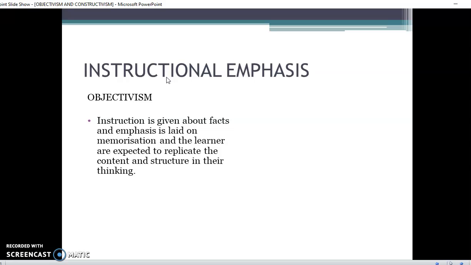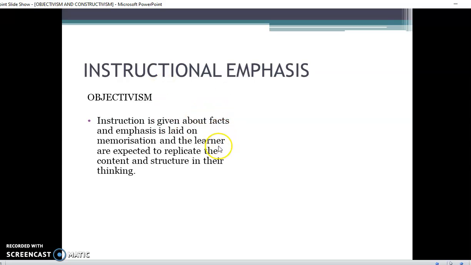So the teacher is only imparting facts, and emphasizes how well they have to memorize the food web, or the definition or explanation of that given concept.